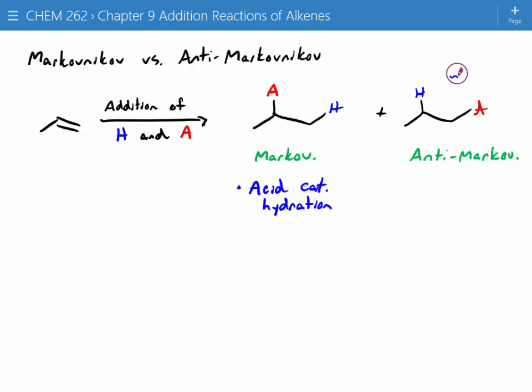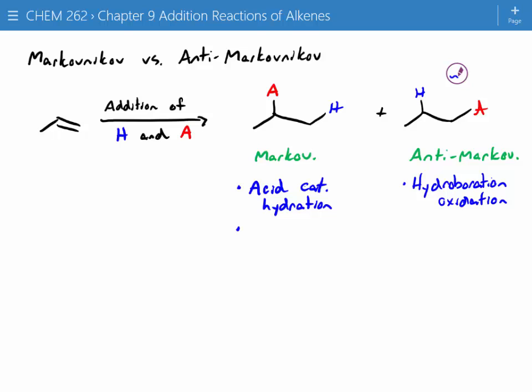Is that Markovnikov or anti-Markovnikov? Anti-Markovnikov. So we've got hydroboration, or in the second step, it has peroxide. Both of these methods are used to install alcohols. One's just used to install it in a different position than the other.